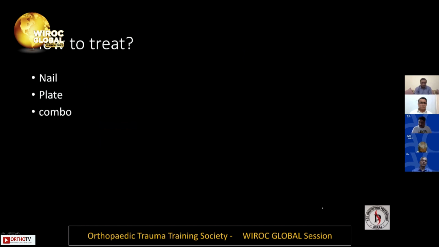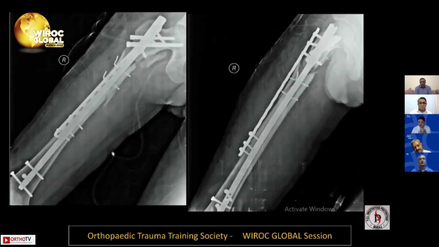When I saw Dina, he was doing a nail plate combo for subtrochanteric fractures. He used a nail and then a locking plate. I did exactly the reverse. I did the nail first, but I felt on table it was not stable at all in spite of having two screws properly in. This really needed absolute stability, not relative stability.